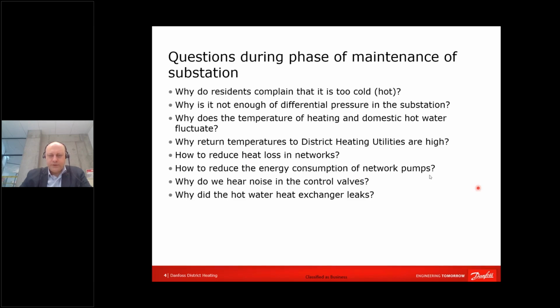How to reduce heat loss in the networks? How to reduce the energy consumption of network pumps? Why do we hear noise in the control valves? Why did the hot water heat exchanger leak?